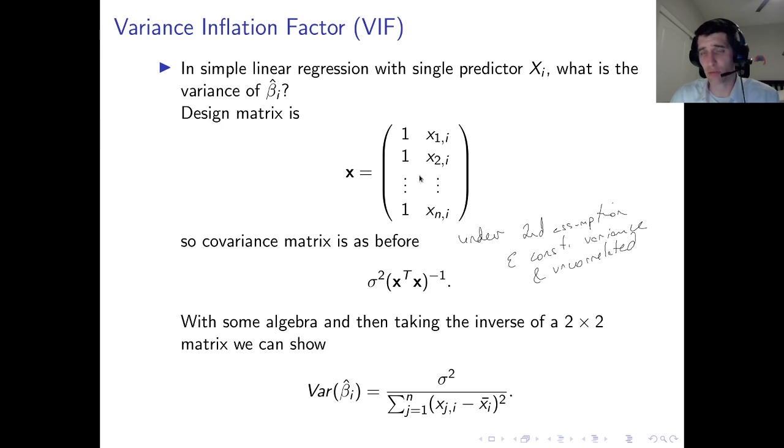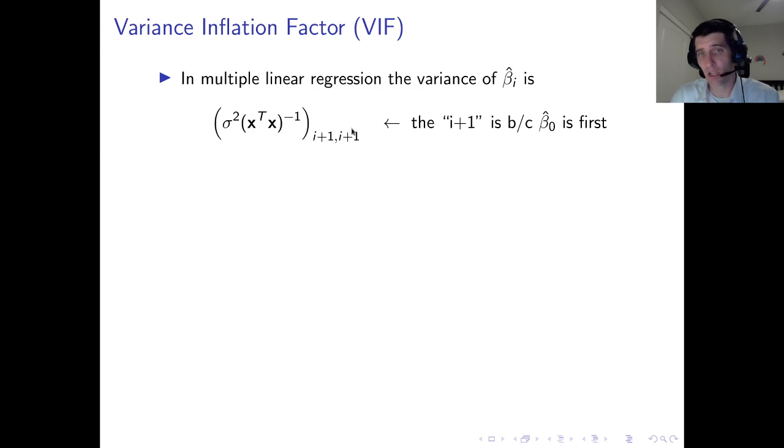In simple linear regression, we just have 2 columns, but the form is the same. The i plus 1th term is because beta 0, we've seen this before, corresponds to the first term along the diagonal, beta 1 to the second, and so on and so forth. So the i plus 1 term is because we count the betas starting with 0, but the index along the diagonal starts with 1.